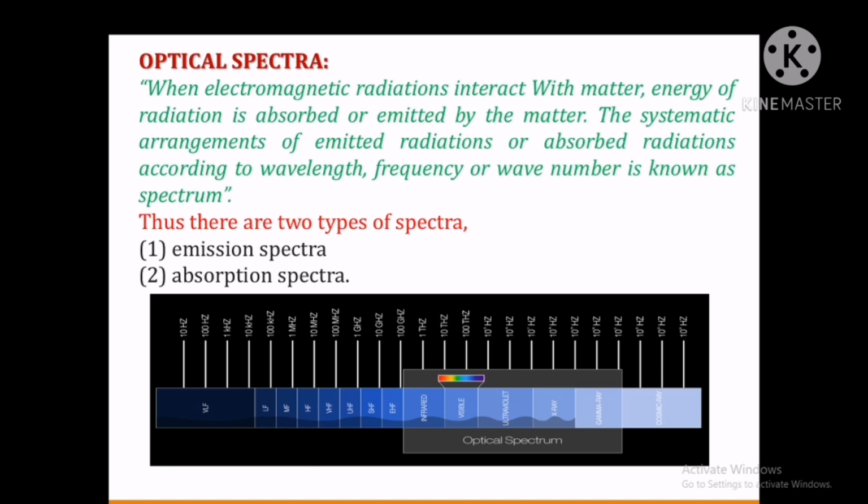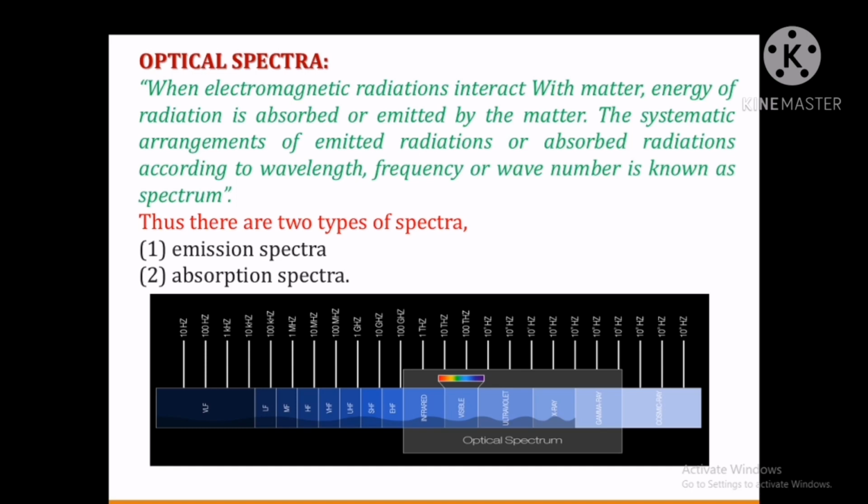We say this matter absorbs or emits electromagnetic radiation. If the radiation is absorbed or emitted, this radiation is arranged in accordance with the wavelength, frequency or wave number, and this is called spectra. This is the basic definition.